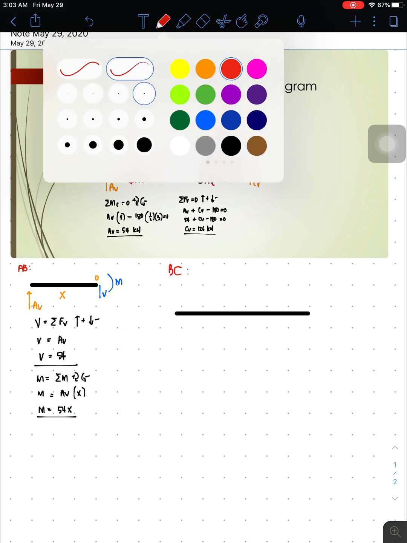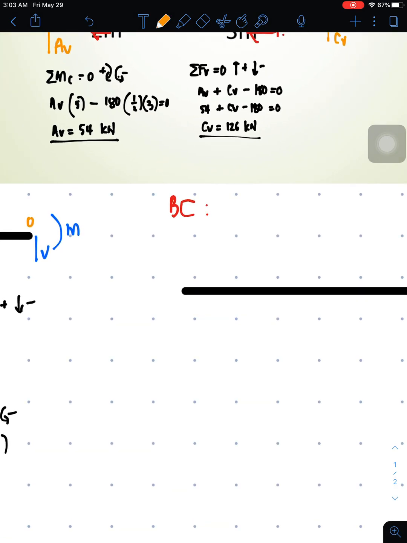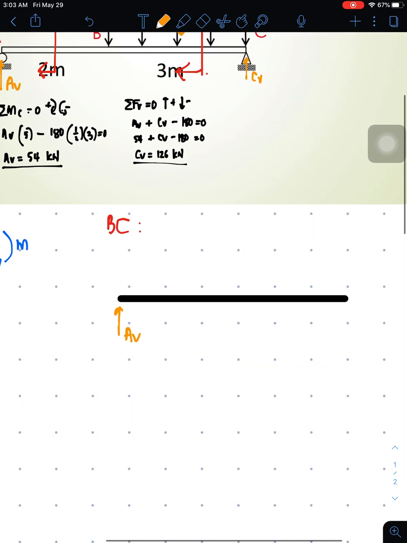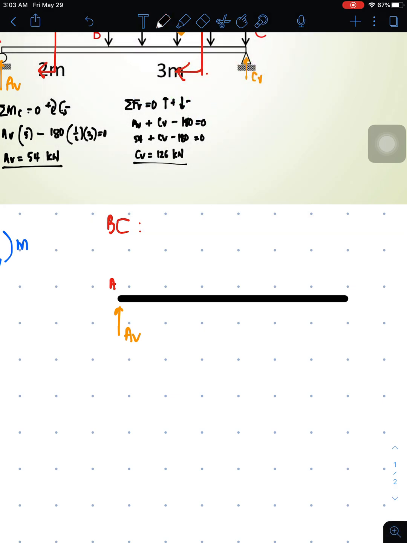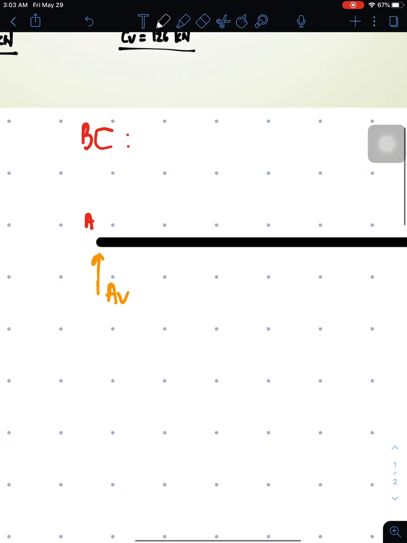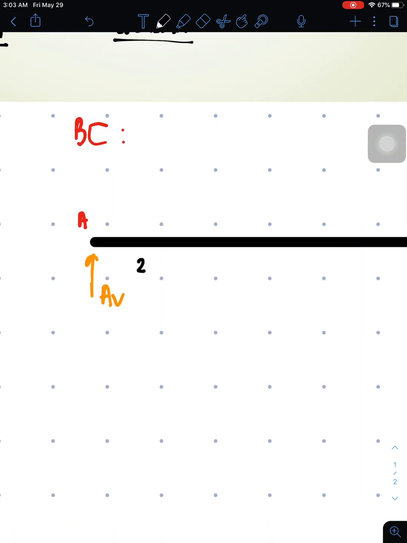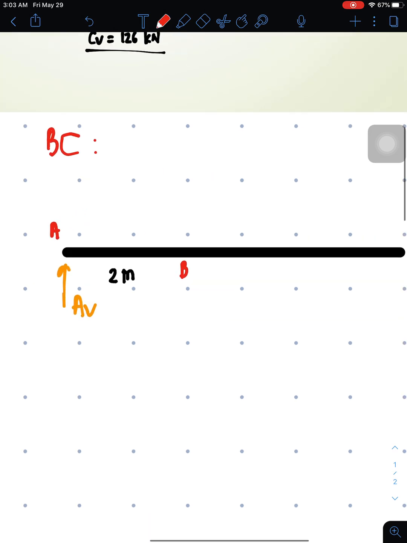And do not forget A vertical, and this is point A. Then from A to B it's 2 meters, so I'll write the 2 meters here. And this is my point B.